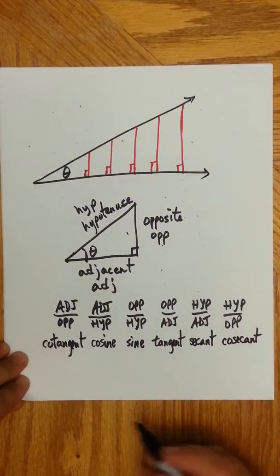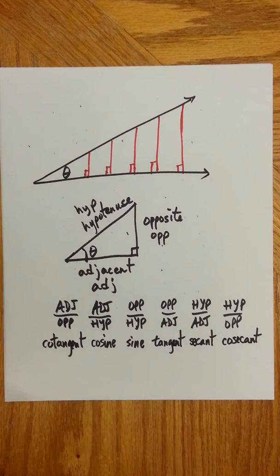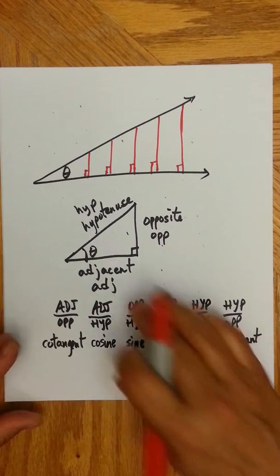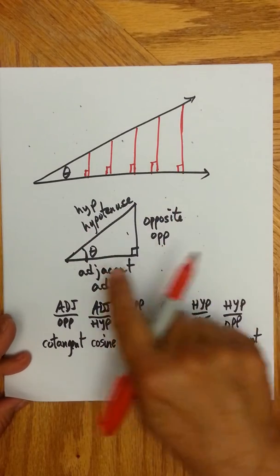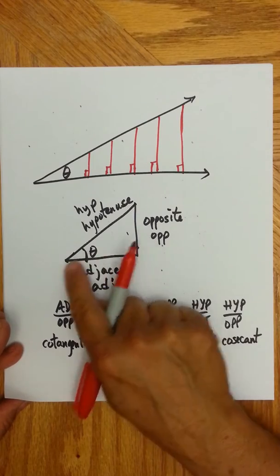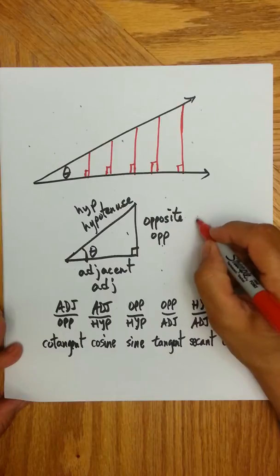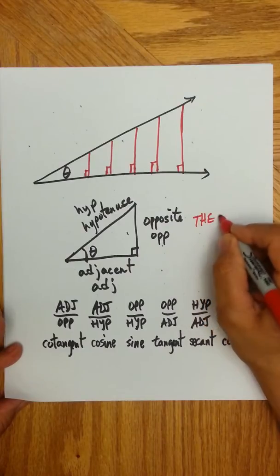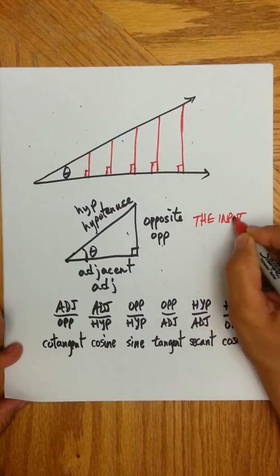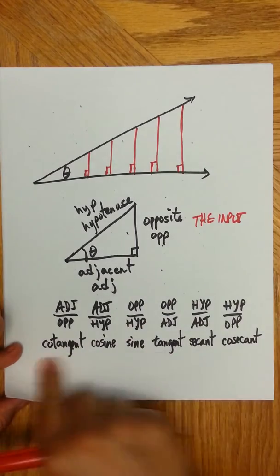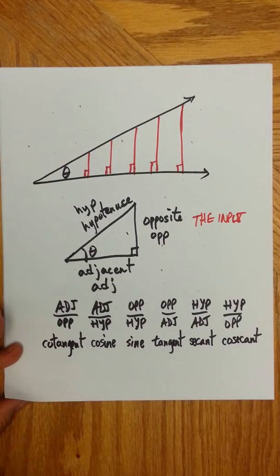Now, something that's extremely important here is all of these ratios are a function of the angle. Because remember, we're talking about similar triangles. They're similar because of the same angles. So here, the input. Now these are your 6 trigonometric ratios, which you can also talk about as functions. We'll see why later.